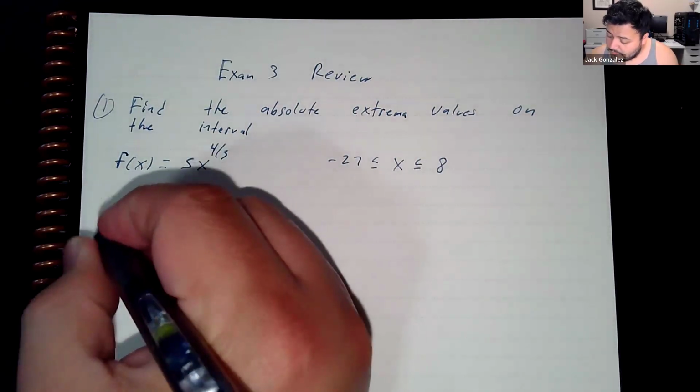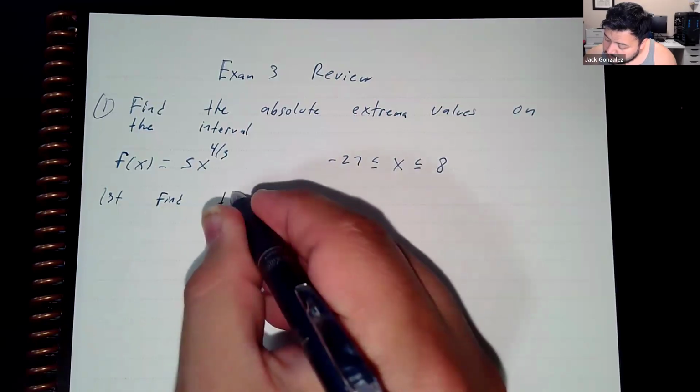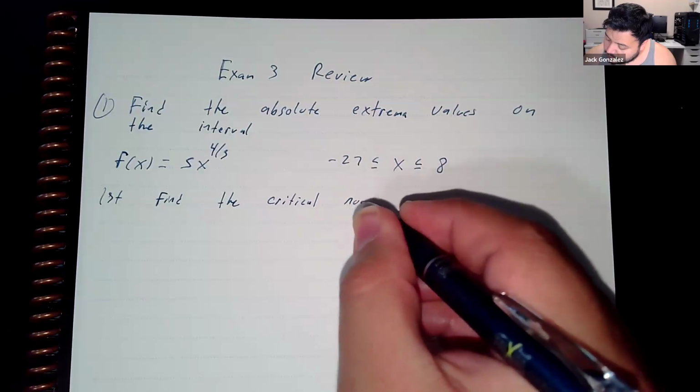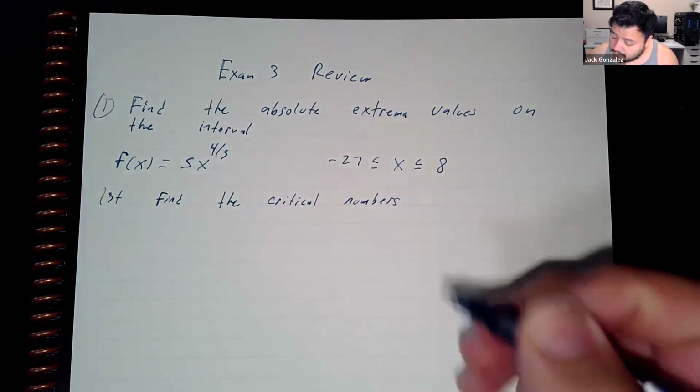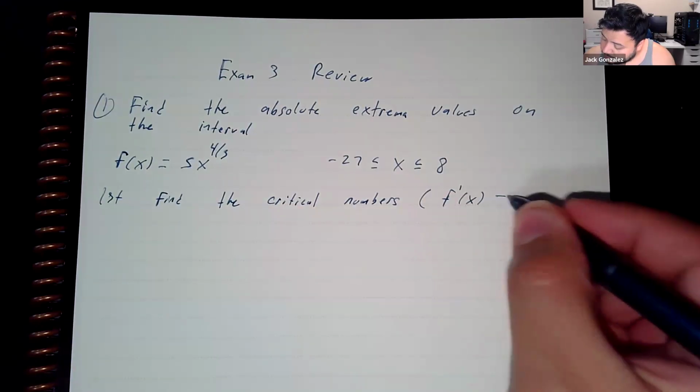So first, find the criticals. So the derivative, set the derivative equal to 0, right?